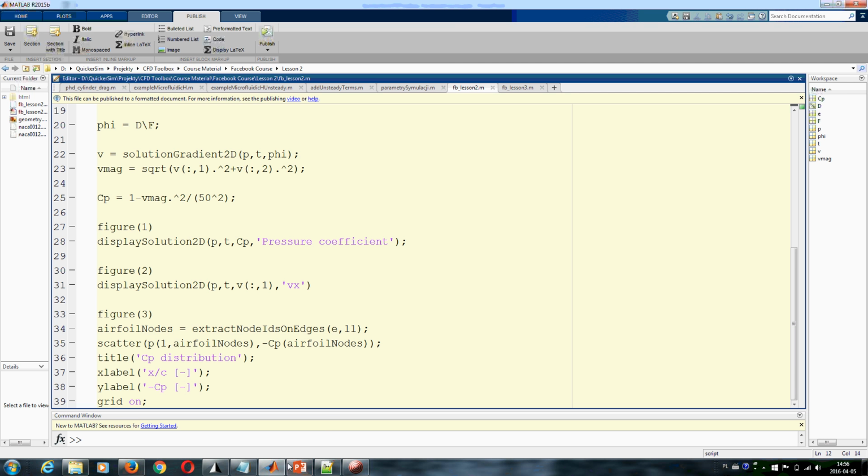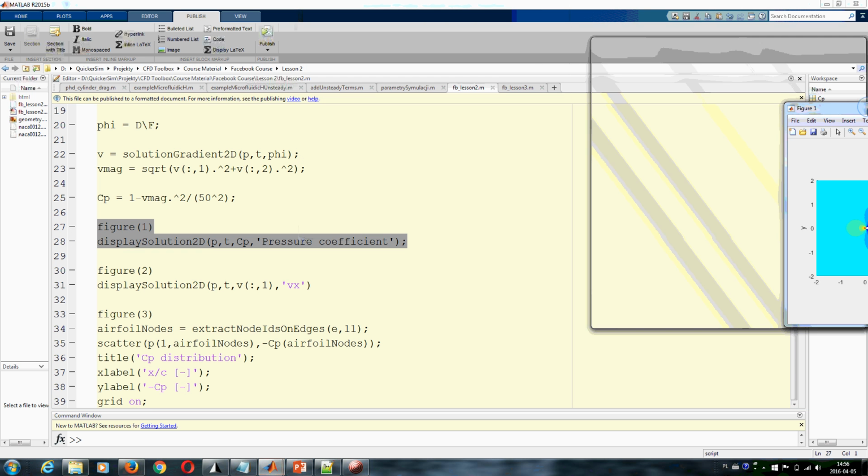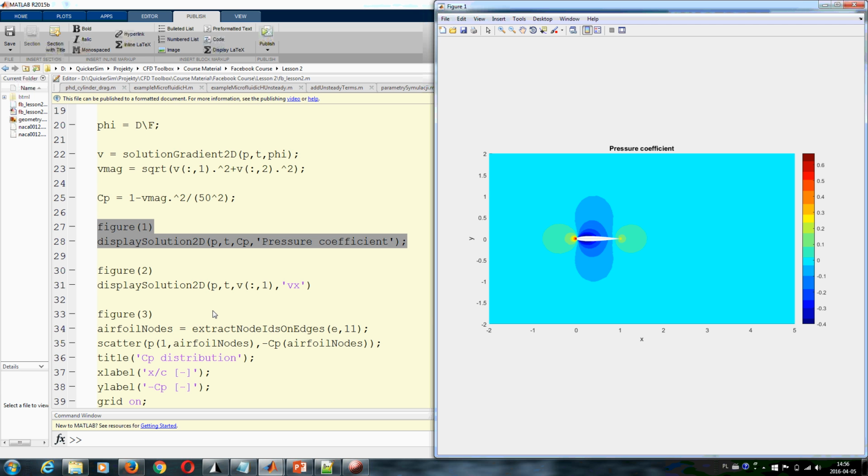But basically what we need to do is to plot the pressure coefficient values at the mesh nodes which are lying on the airfoil. If you knew what nodes are lying here, this would be easy to do with a simple plot command in MATLAB.